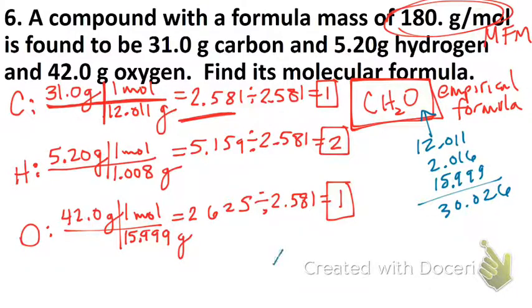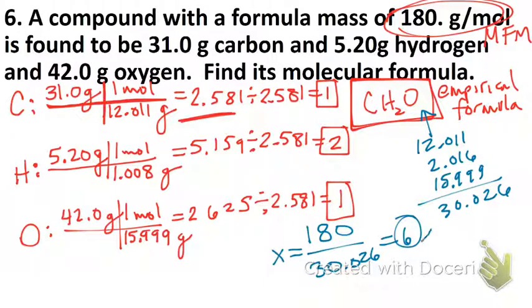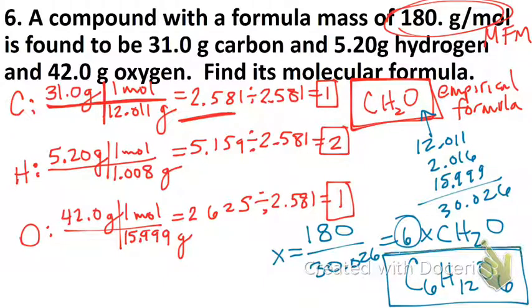And then my molecular multiplier takes that MFM, so that 180 number, divided by this 30 number, and that gives me 6. So I need to do that times CH2O, so that's C6H12O6. Wait a second, that's awfully familiar.